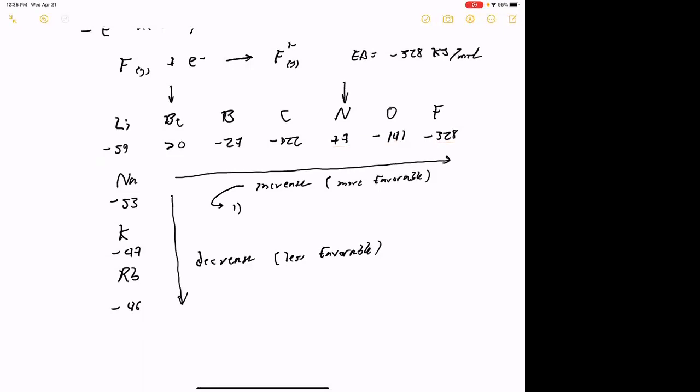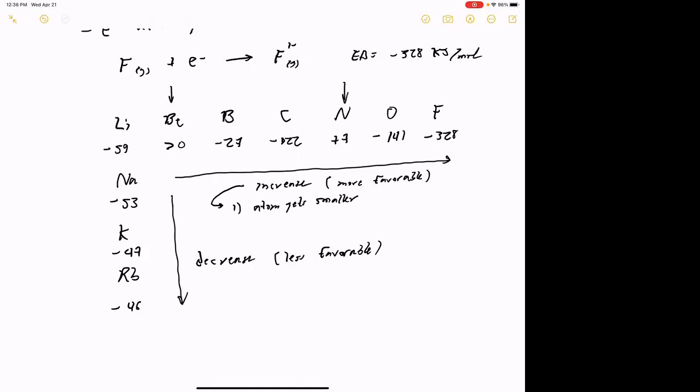Again, the atom's getting smaller. So what's happening as the atom gets smaller? Well, again, the nuclear charge is increasing. The effective nuclear charge increases as the atom constricts. So what that means is that the extra electron you put in is going to feel more of that nuclear charge, so it should be easier to stick it in there.